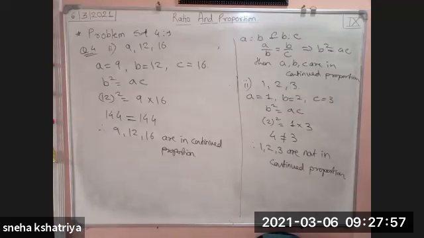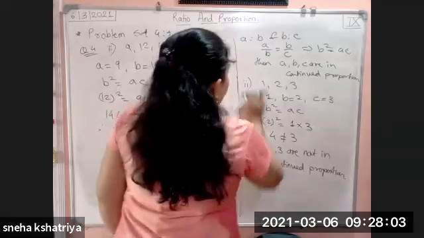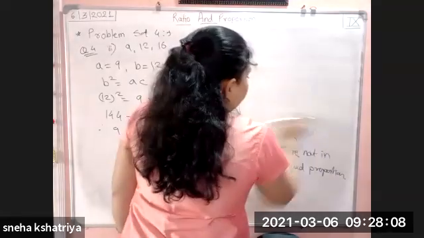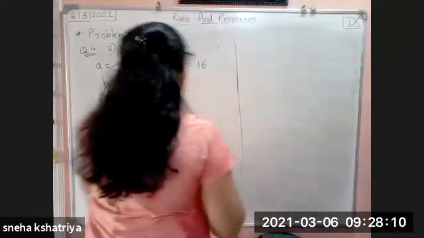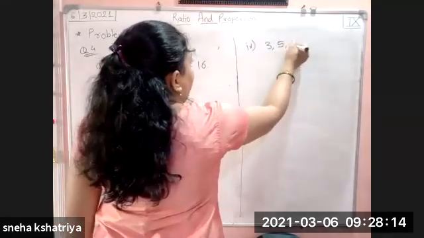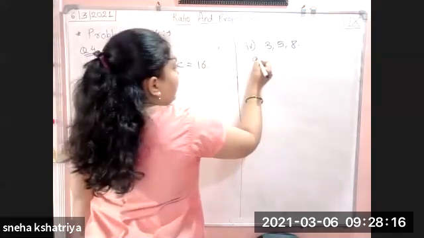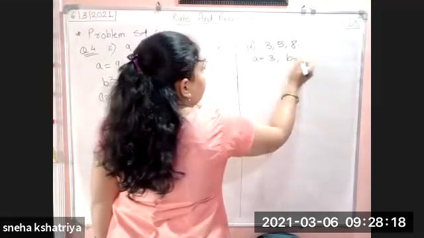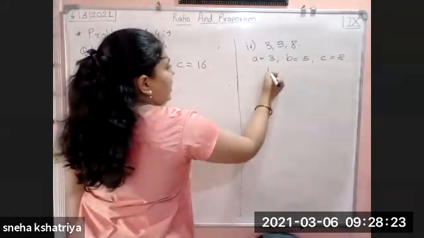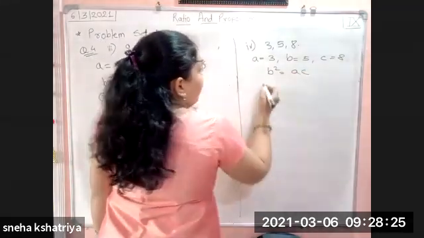Okay, last example from this question number 4, 3, 5, and 8. We solve this example 3, 5 and 8 here. A is equal to 3, B is equal to 5 and C is equal to 8. Now we are having here B square is equal to AC.